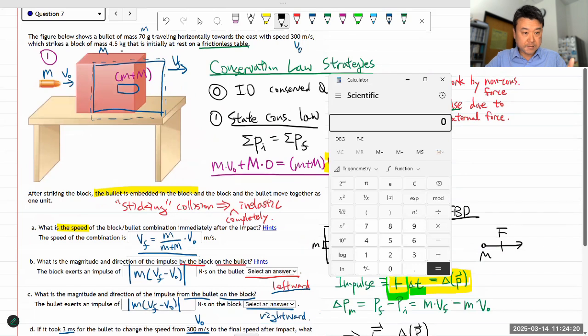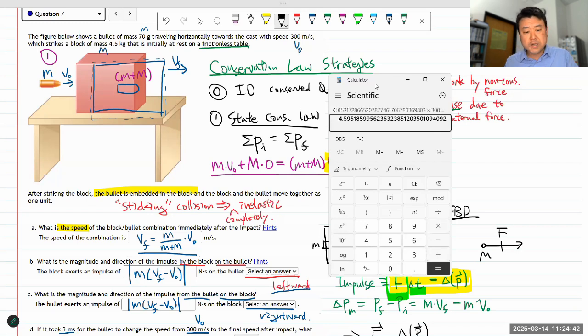So the masses, I'm going to convert 70 grams to kilograms, so 0.07 kilogram. So 0.07 kilogram divided by the sum of that with 4.5. I can do that in my head. So 4.57 kilogram, that's the ratio of masses, times 300 meters per second.